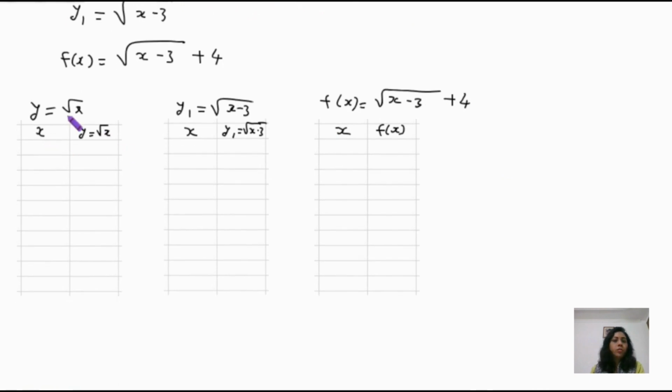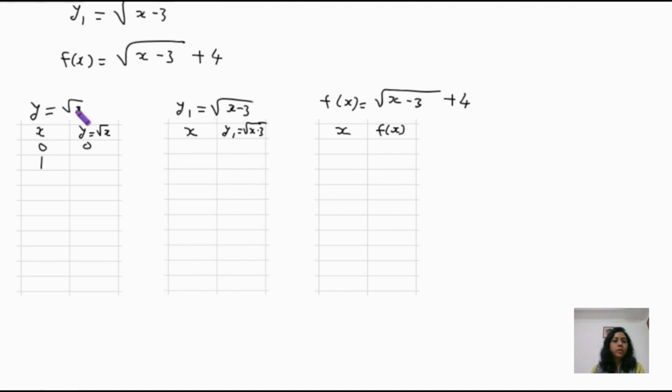Okay. So here square root x means x to the power 1 upon 2. This is a radical. And here, with an even root, we can't put any negative number. So x can be 0 or any positive number. So we can put 0, square root 0 is 0.